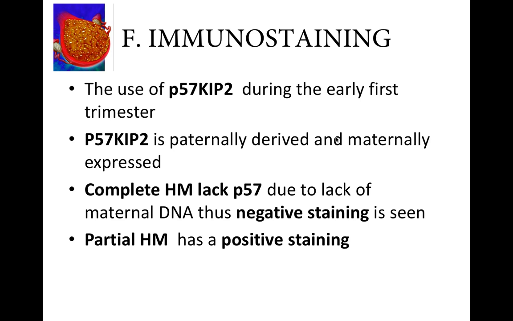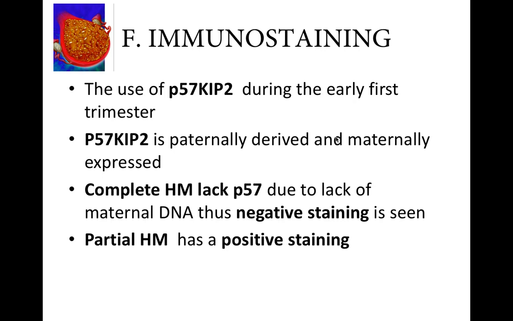Immunostaining can also be used in the diagnosis of molar pregnancy. The use of p57 KIP2 immunostaining alone or in combination with DNA flow cytometry could help confirm the diagnosis. Remember, during the early first trimester, moles can be difficult to differentiate from missed abortion or hydropic abortion, even by histopathologic examination.